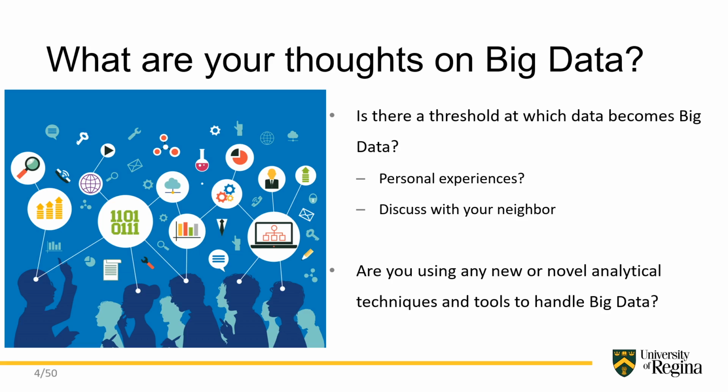I want you to think about this. Is there a threshold at which data becomes big data? How do you really define it? For example, if a file fits into my computer, is it small data, and if it doesn't fit into my computer, it's big data?